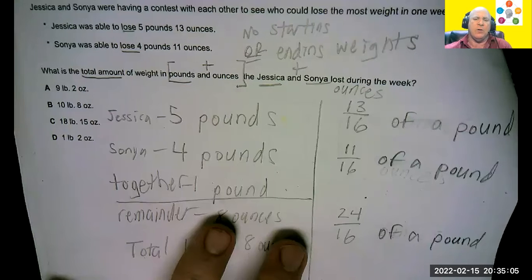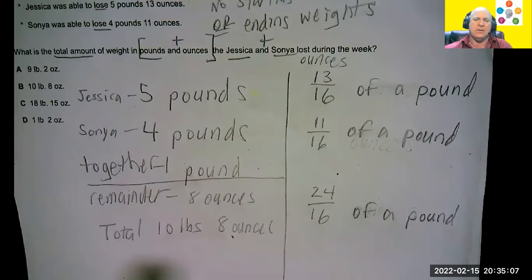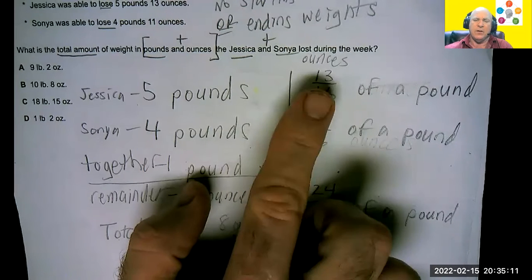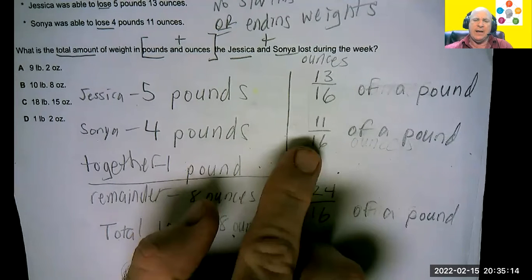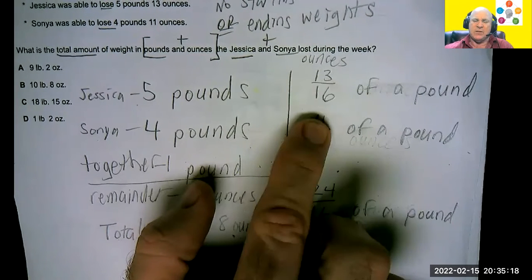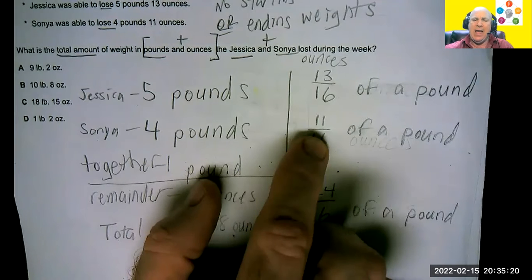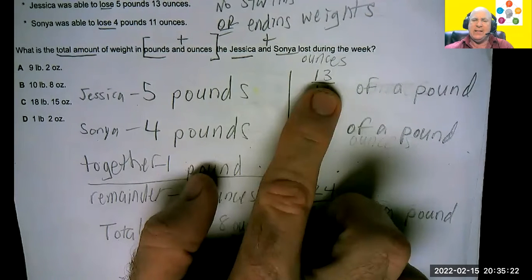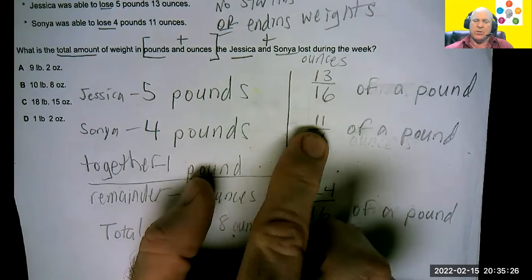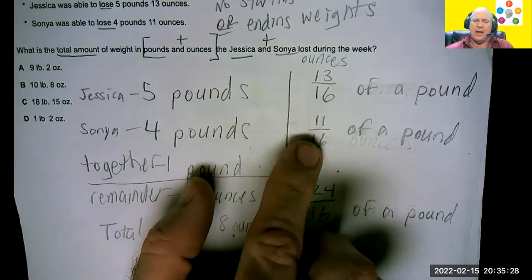We've got to figure out, well, how many ounces, since ounces and ounces are the same words. I can combine their total ounces lost. Since Jessica lost 13 and Sonia lost 11, 13 plus 11 equals 24 ounces.